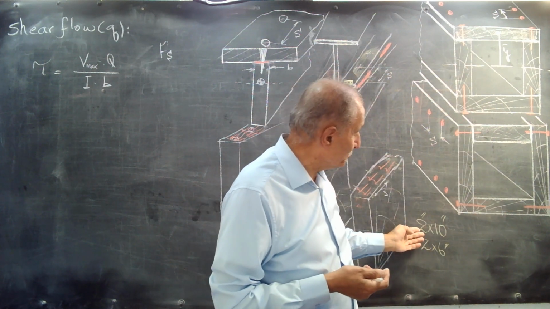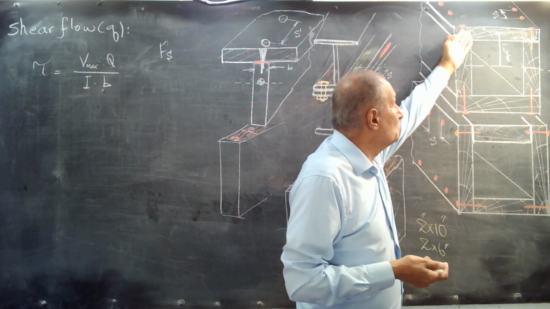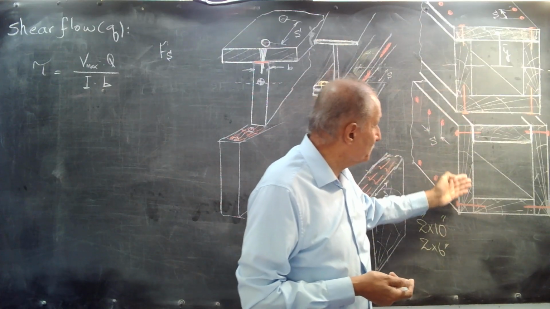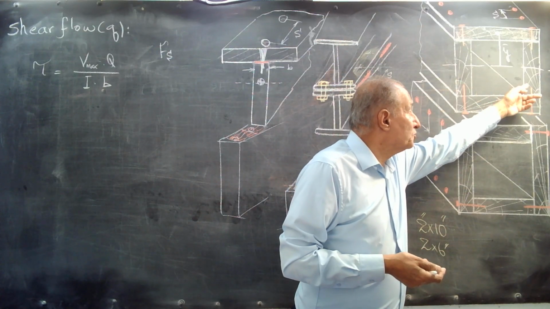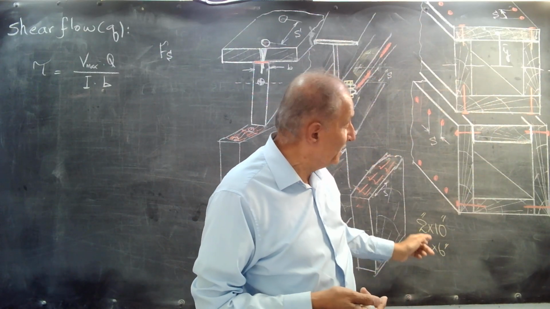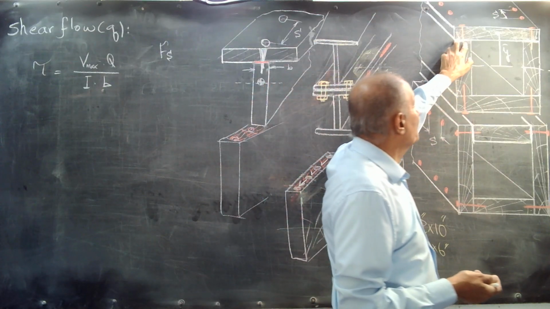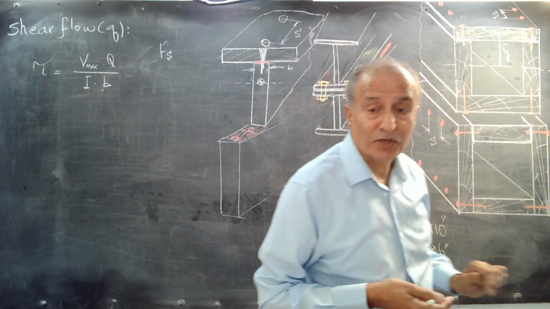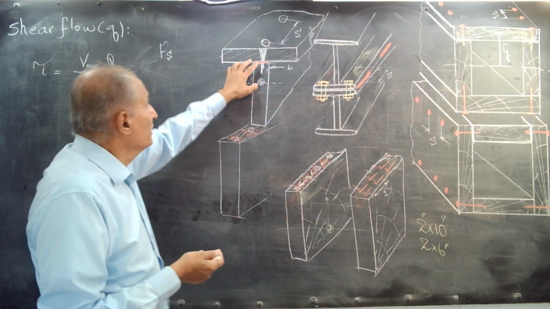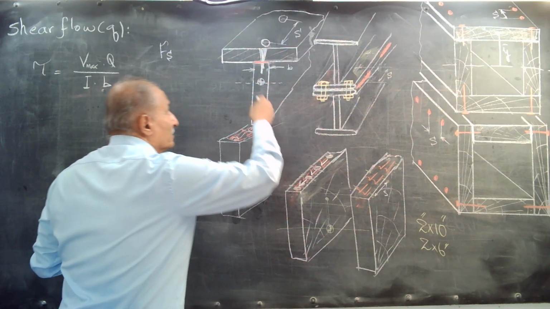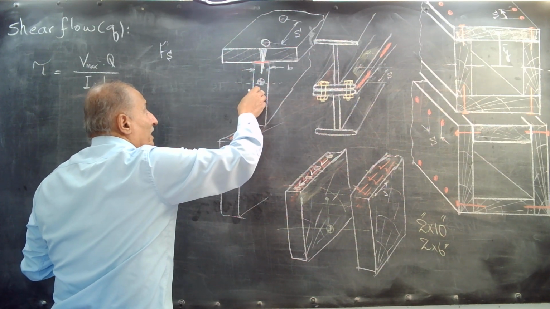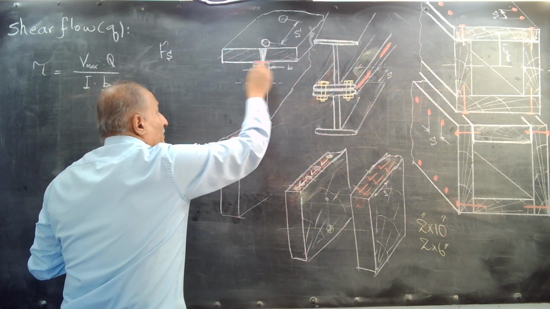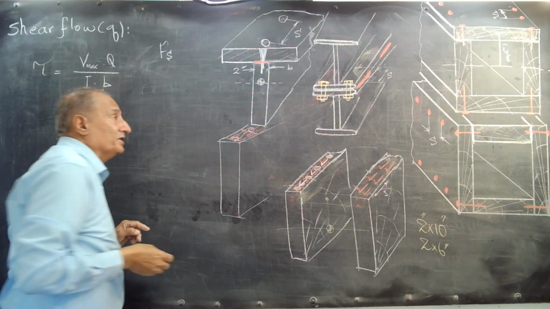Remember, because we use a 2x10 joist, and this shorter one is a 2x6 joist, then 2 inches here and 2 inches here, b is 4 inches here. But here, if you use the same planks, 2x10 and 2x10, this length is 2 inches. b here is 2.